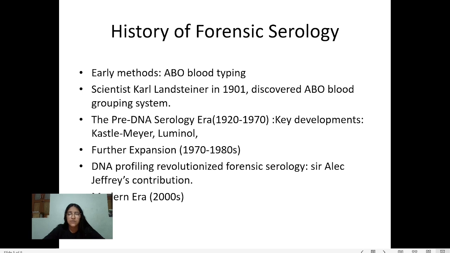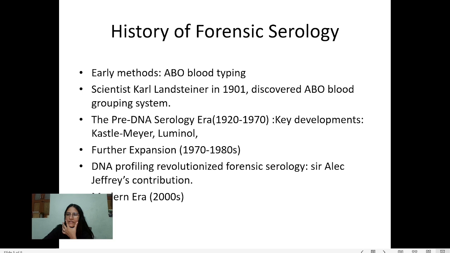No individual was identified by these methods. Only the fluid type and blood group were detected by the ABO blood grouping system. DNA or person identification was not yet in use.